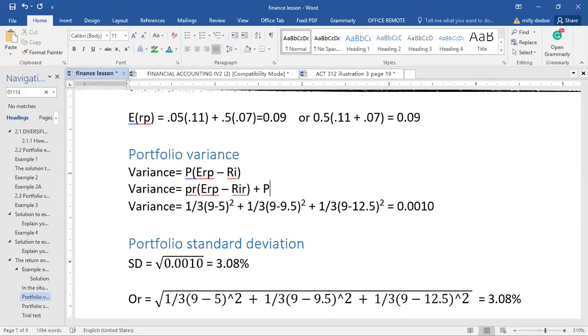We have recession, we have normal. So probability of normal. So take note, I'm representing them by variables.